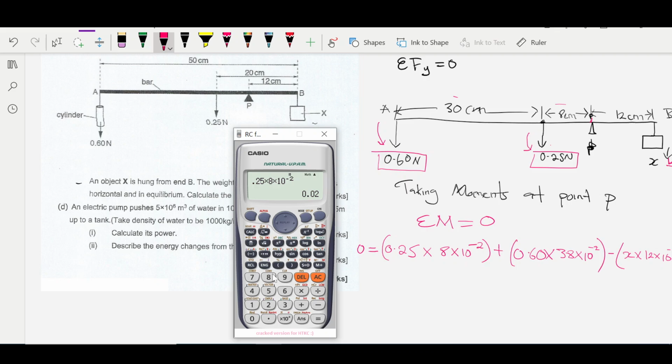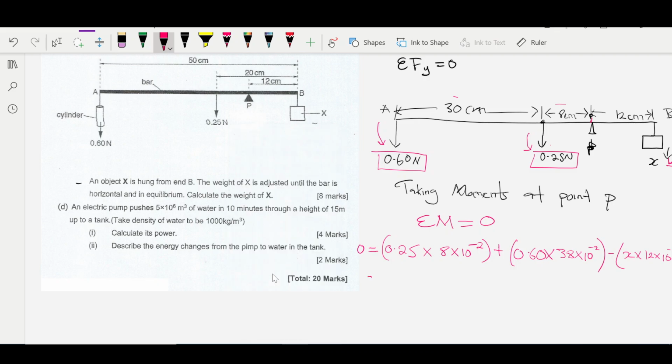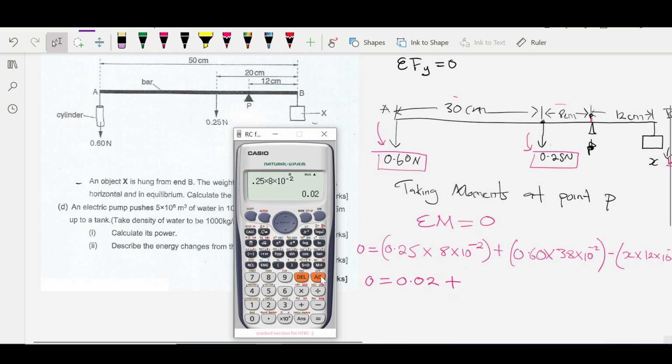This will be 0.02. So 0.02 plus, let's have the other one, plus 0.60 times 38 times 10 power negative 2.